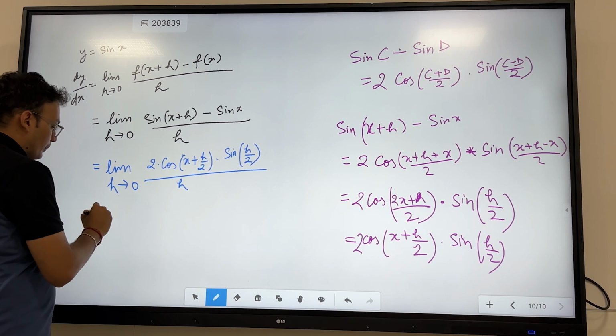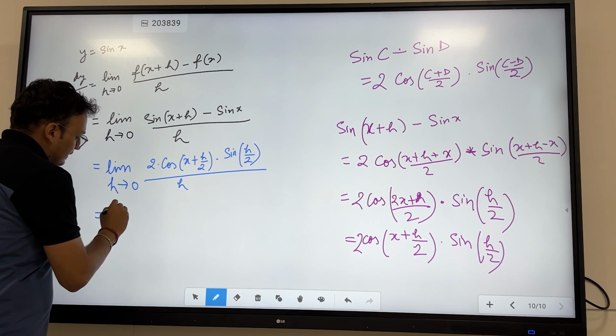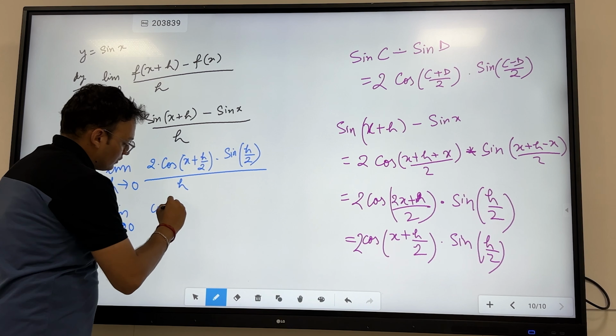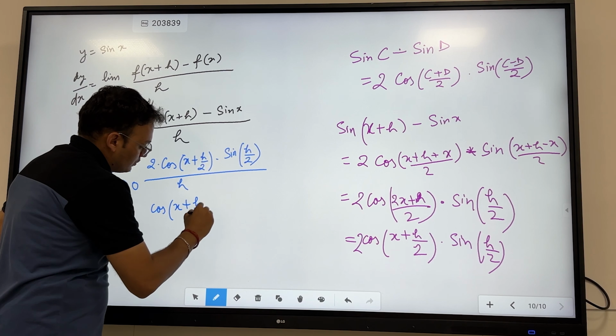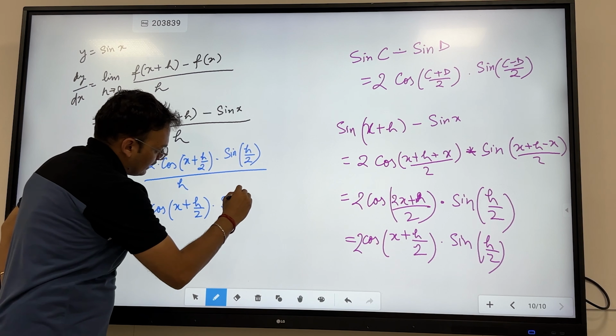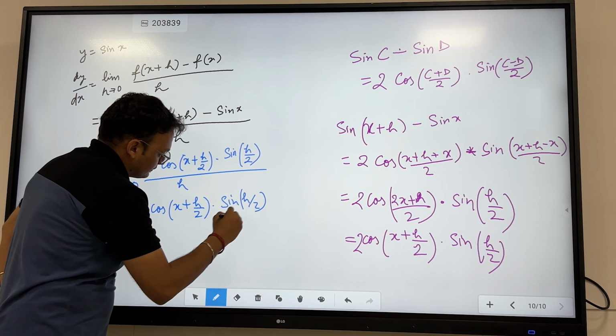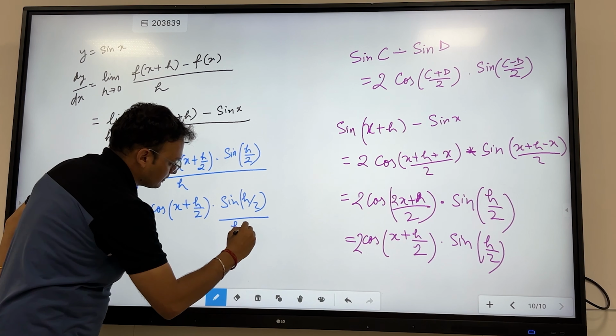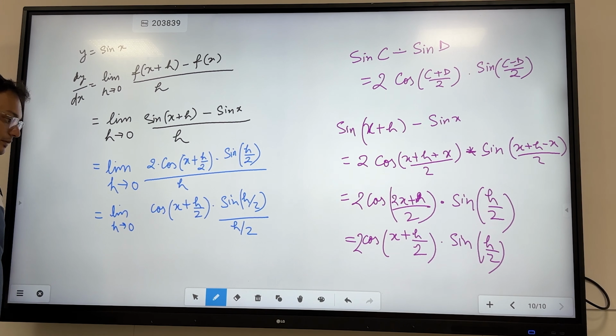Now rewrite it and arrange it. I can write it as cos of (x plus h by 2) times sin of h by 2 divided by h by 2. This is the same thing, right?